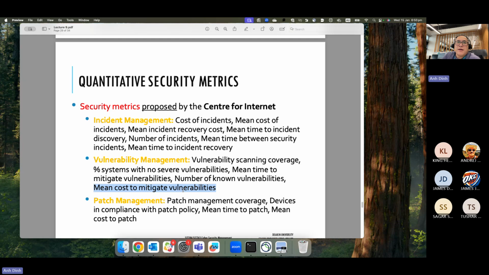This metric is quite interesting. I think it really depends on the scope of the system as well, like how many services you have, or how many servers, how many applications you have in the system. So, anyone want to take a shot at this?